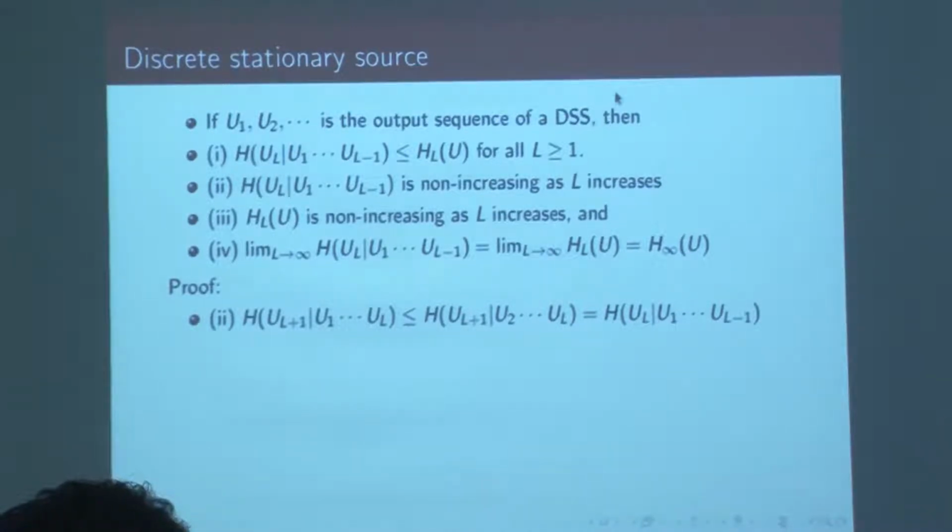You will see that when we compute expected code word length for a discrete stationary source, the entropy rate will pop up in a similar way as entropy does in the discrete memoryless source expression. We will show that expected code word length is lower bounded by this entropy rate. Okay.